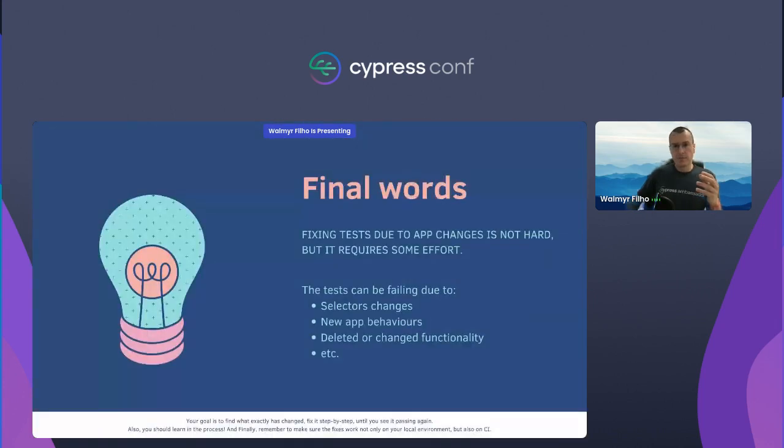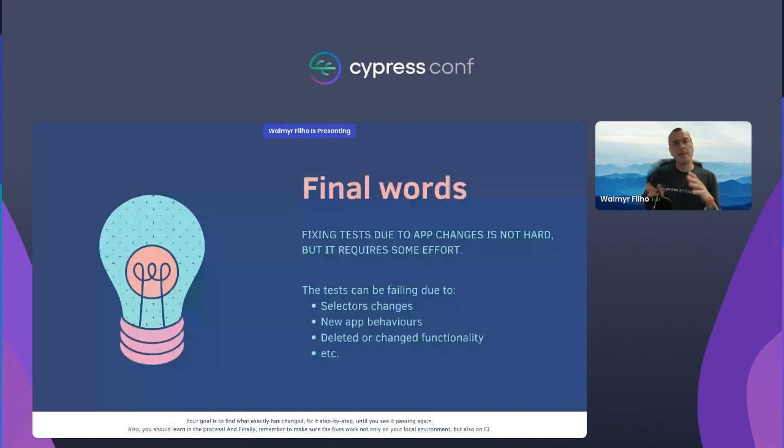And so I have some final words for you, and those are that fixing tests due to app changes is not hard, but it requires some effort. The tests can be failing due to selector changes, due to new app behaviors, due to deleted or changed functionality, etc. But your goal is to find exactly what has changed, and fix it step by step until you see it passing again.